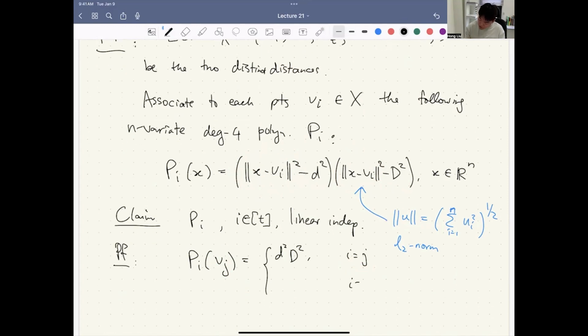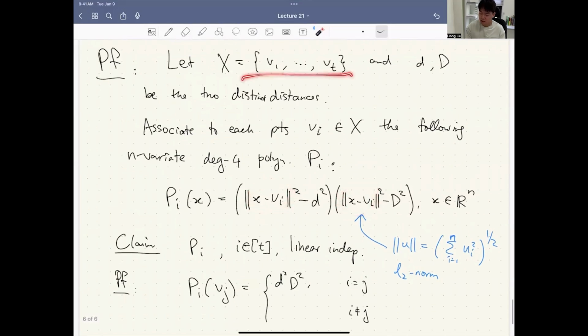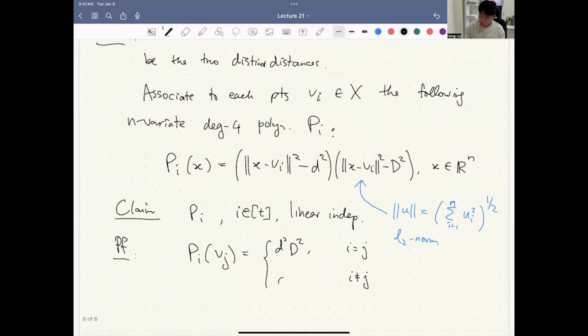But if you plug in some point vj, j not equal to i, then this is exactly the distance between some pair of points in X, which can take value either little d or capital D. That means one of the factors becomes 0, and the product becomes 0.